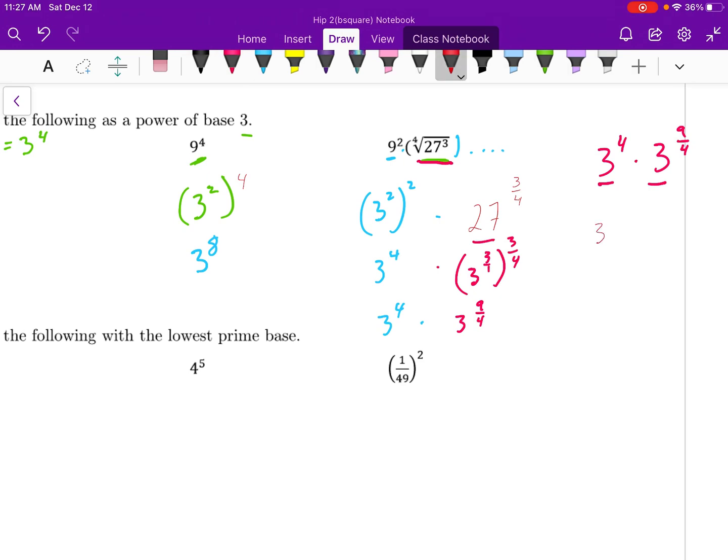So this breaks down into 4 plus 9 over 4. And I need a common denominator of 4 if I'm going to add this. So this is 16 over 4 plus 9 over 4. So this really is 3 to the power of 25 over 4.